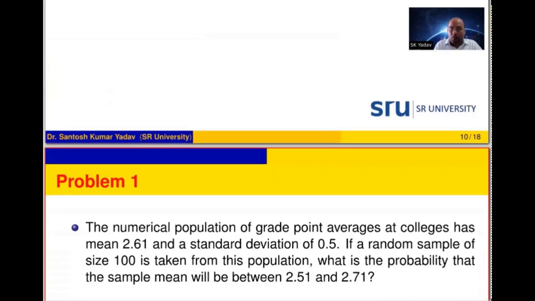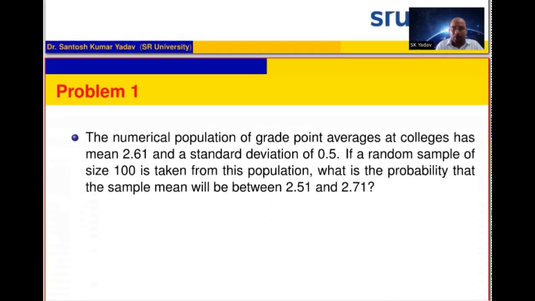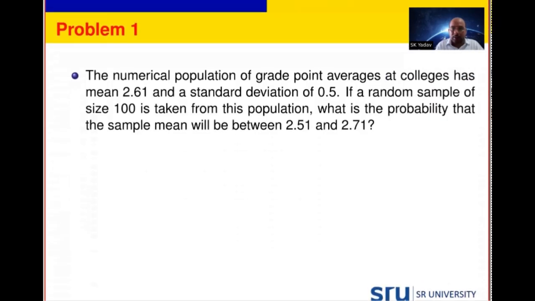So let us move to the problems, and here is problem 1. The statement is: a numerical population of grade point averages at colleges has mean 2.61 and standard deviation 0.5. If a random sample of size 100 is taken from this population, what is the probability that the sample mean will be between 2.51 and 2.71?